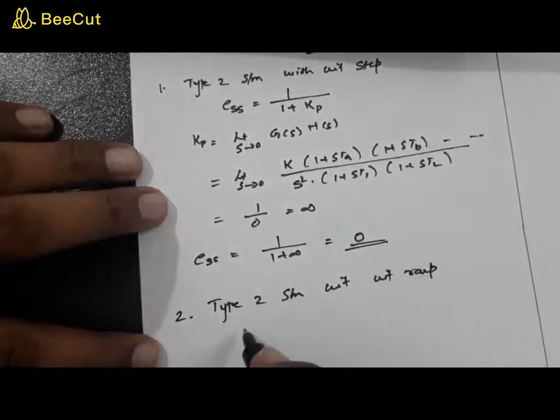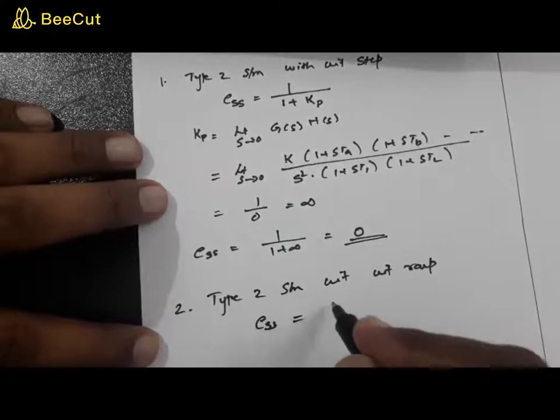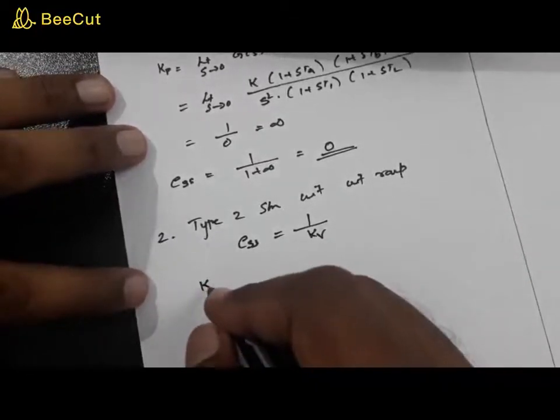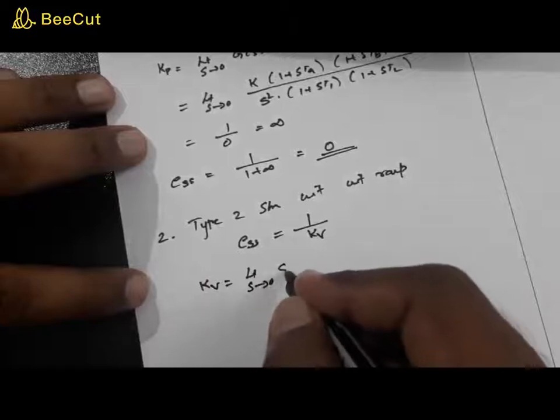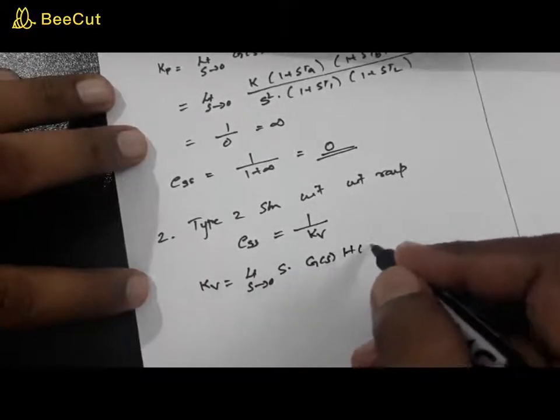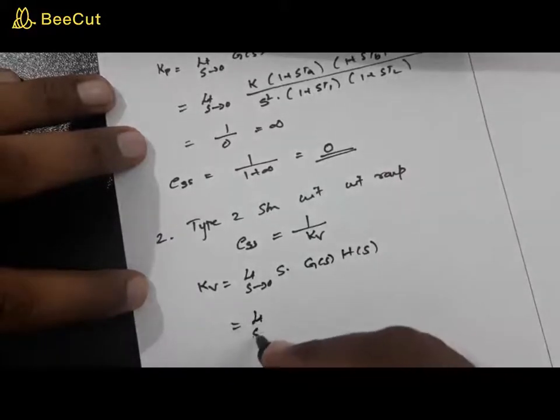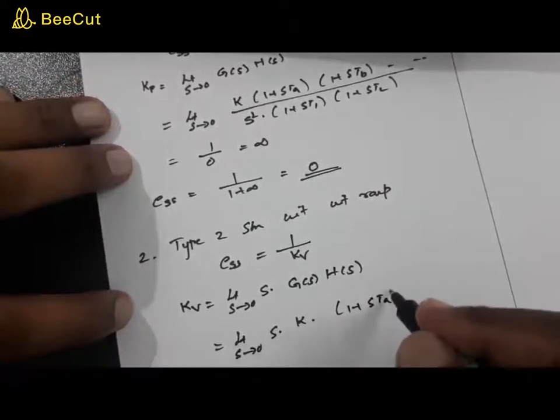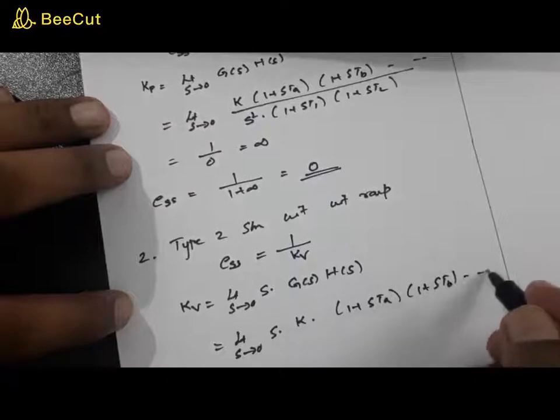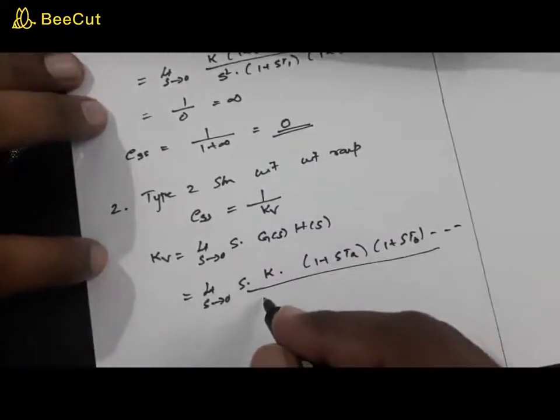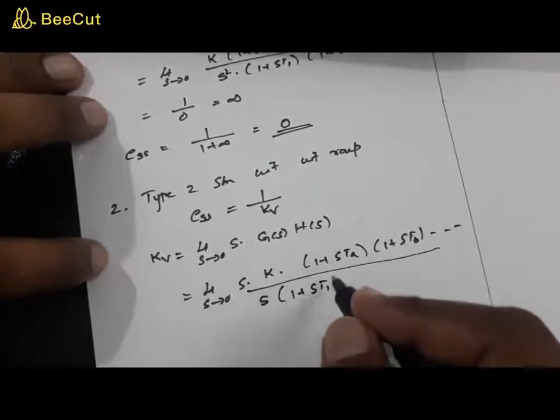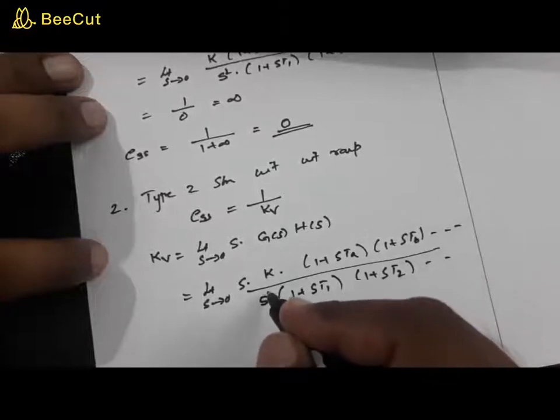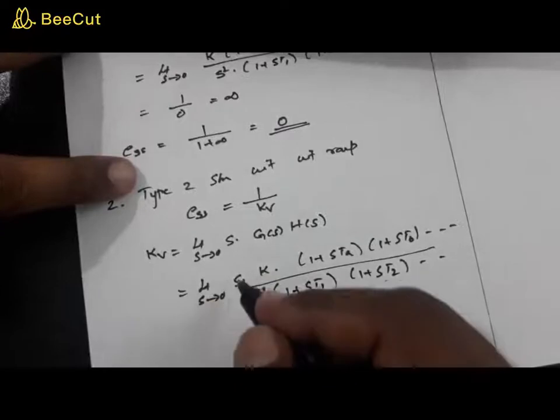In the unit ramp, we have seen that the steady state error is 1/Kv, the velocity error coefficient, where Kv is defined as limit s tends to 0 of s G(s)H(s). Substituting the equation again, limit s tends to 0 of s K(1+sT_A)(1+sT_B), etc., divided by s^2(1+sT1)(1+sT2), etc. Now this is s square, so this is 1 by s square, and this s and s cancel.